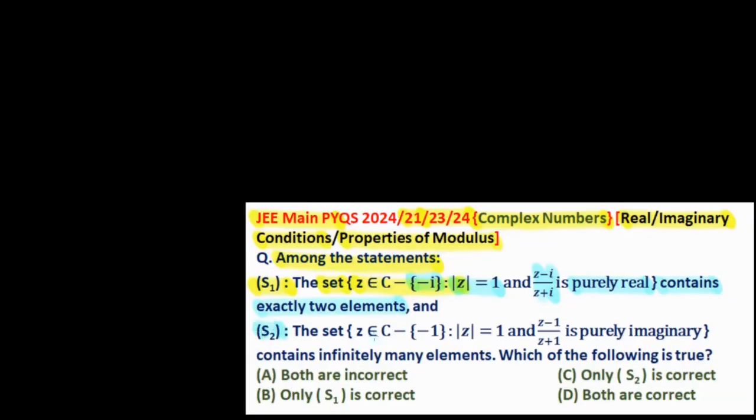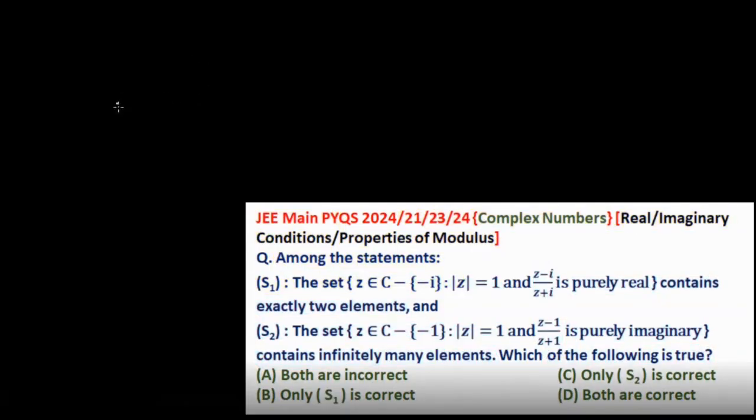Statement S2 talks about the set of complex numbers where -1 is excluded and mod z is 1, and this complex fraction is purely imaginary, and this S2 contains infinitely many elements. We have to tell which of the following statements is true.